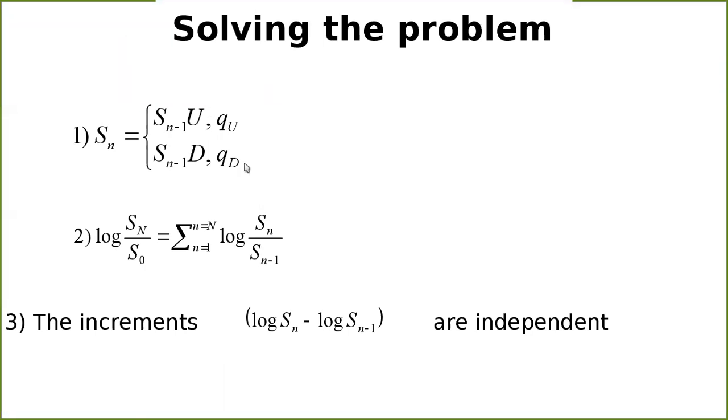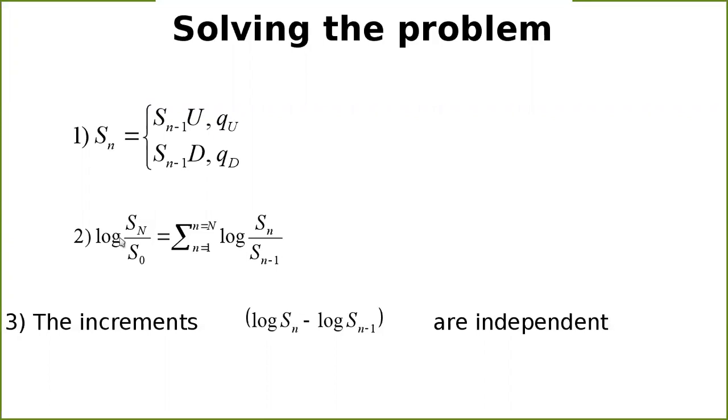And we constructed the binomial tree according to the rule that the next value S sub n equals the previous value multiplied by u if the price goes up, or multiplied by d if the price goes down.